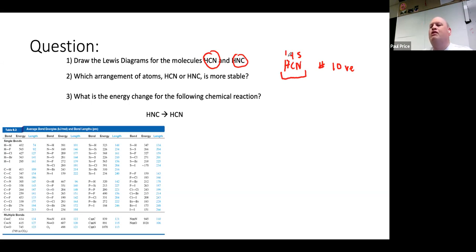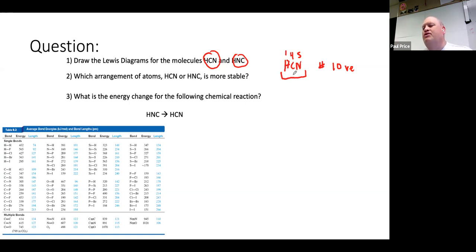So remember, if you're trying to pick a central atom between atoms when you're building your own Lewis structure, you really want to pick the atom with the lowest electronegativity. And the reason for picking the lowest electronegativity is that that atom can actually make more bonds and it doesn't mind sharing its electrons as much as, say, an atom like fluorine, which has an extremely high electronegativity.